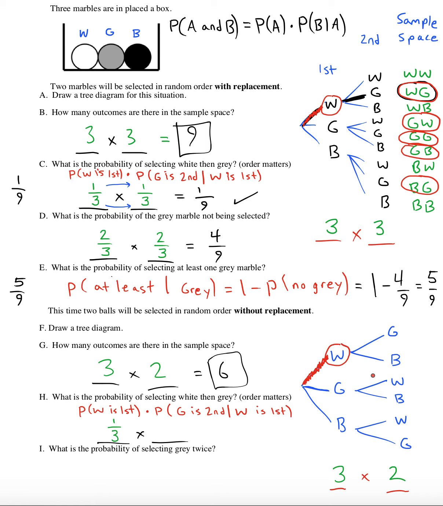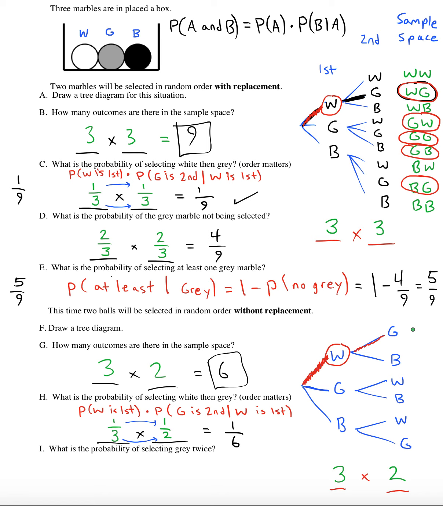As you can see from the tree, it's a 1 in 2 chance. So, multiplying straight across, we get 1 over 6. 3 times 2 makes 6. 1 times 1 makes 1.